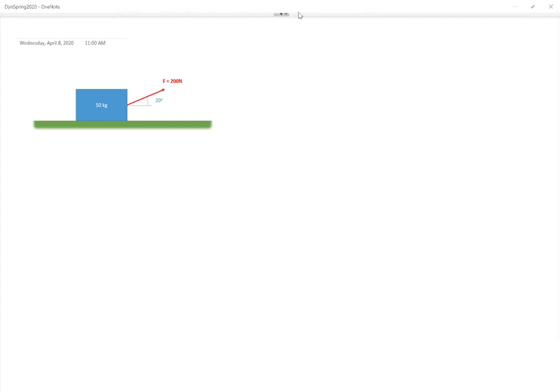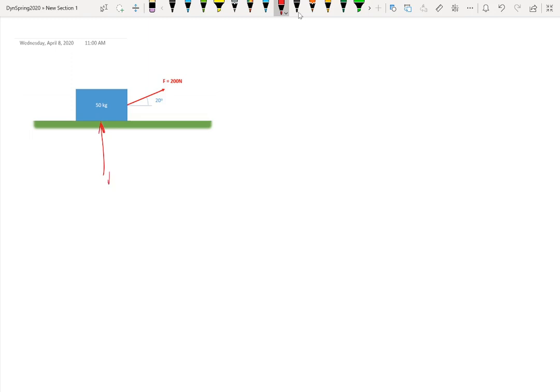So, alright, I don't know. So, we have a force, which is a normal force. We have a weight, which is 50 times 9.81. We have this thing up at 20.